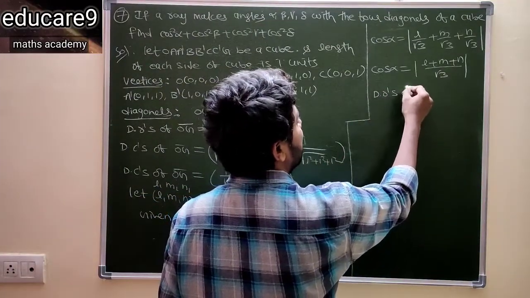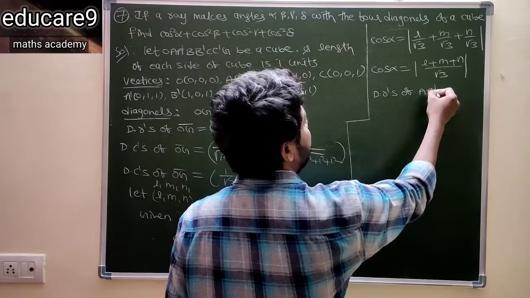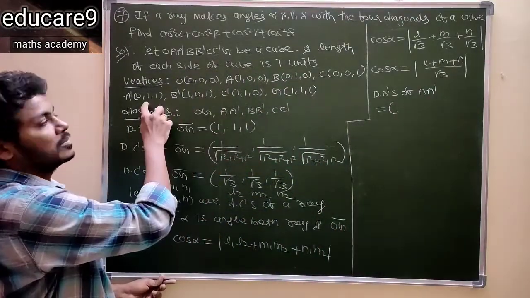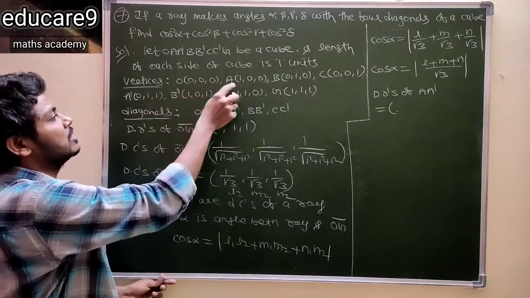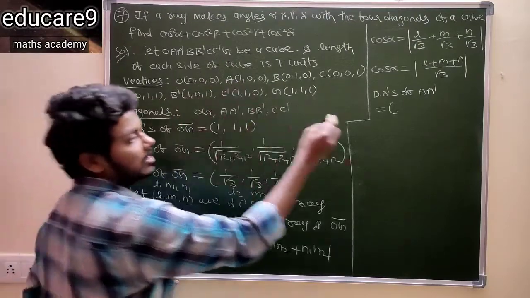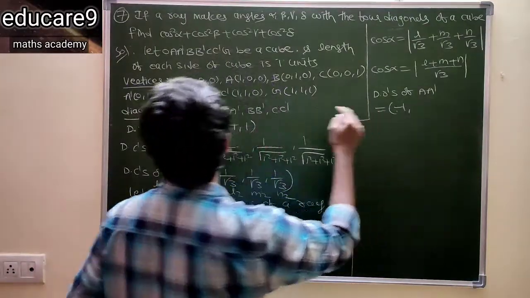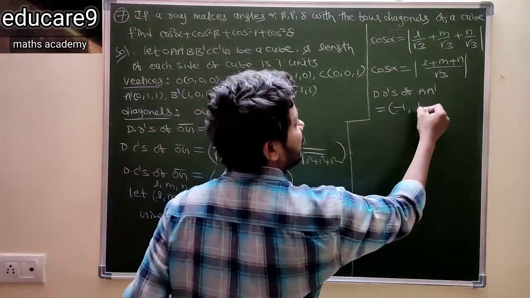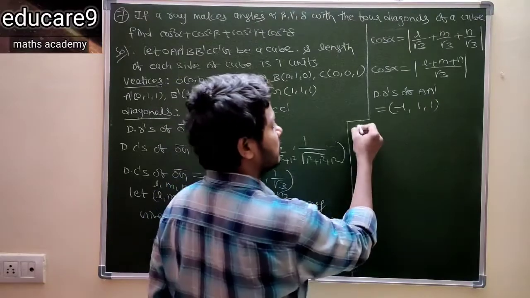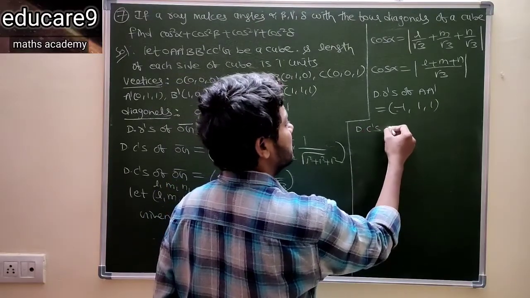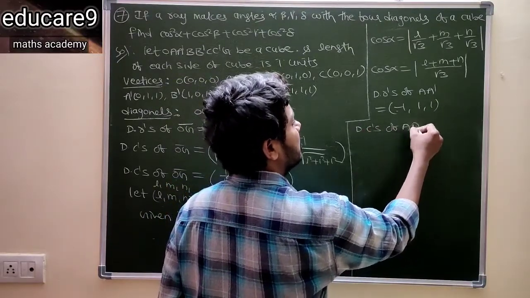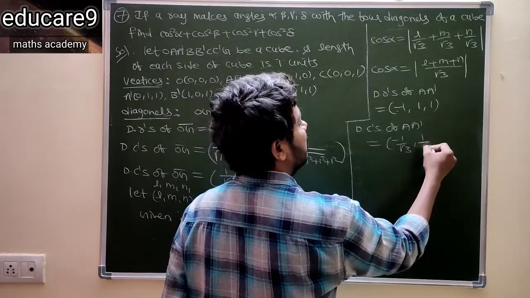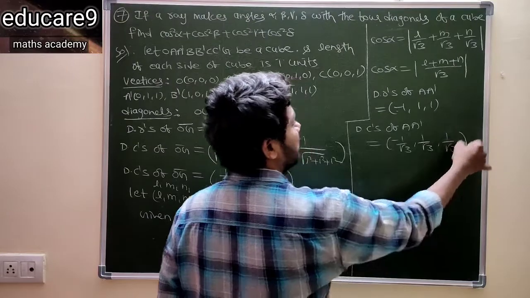Consider these two points, x2 minus x1: we get 0 minus 1, that is minus 1, next 1 minus 0, and 1 minus 0, so we get minus 1, 1, 1. So therefore the DCs are minus 1 by root 3, 1 by root 3 and 1 by root 3.